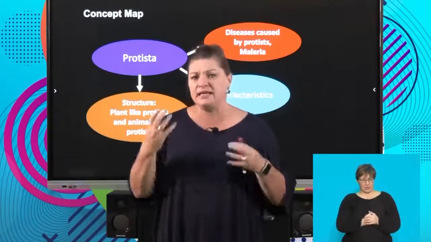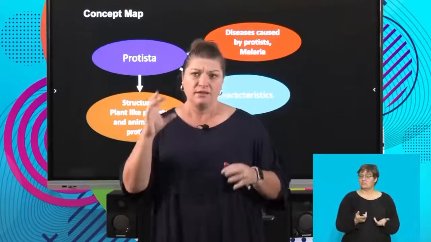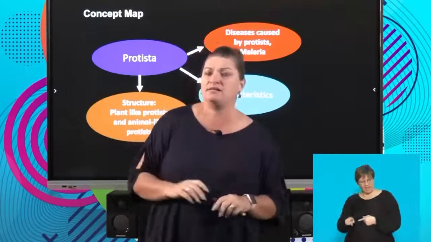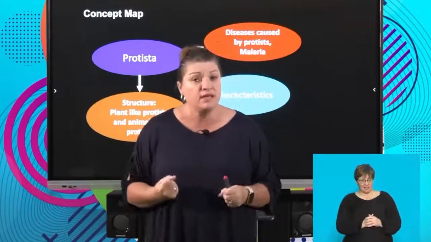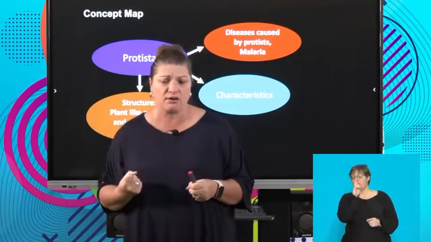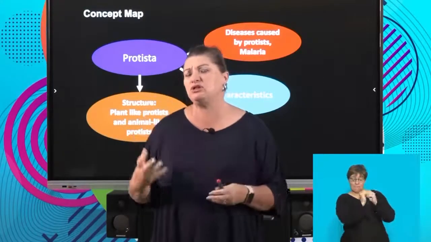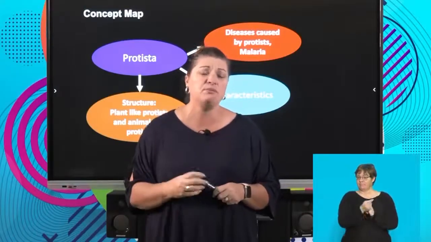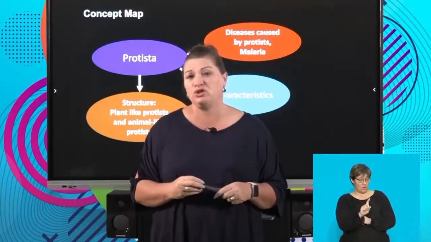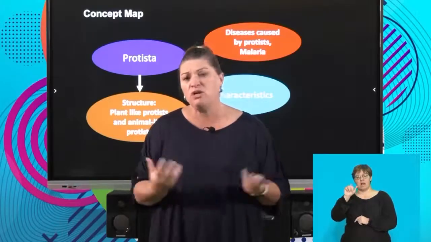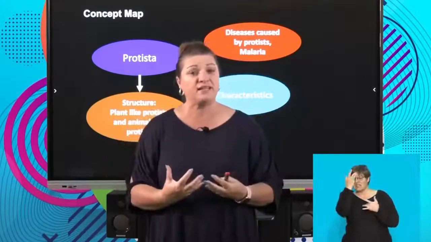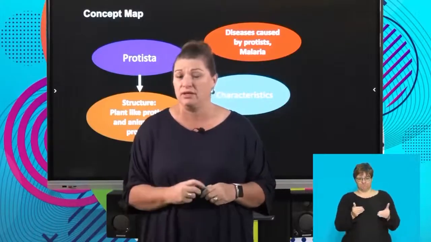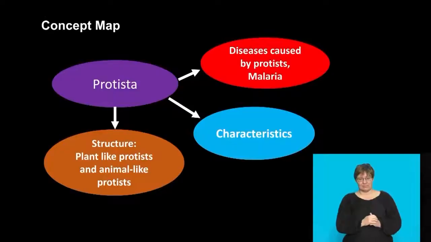As I said here, it's going to be quite diverse in that we're looking at some plant-like and then some animal-like. And then each time we study a microorganism, we need to look at a disease. The disease that we're going to look at when it comes to protists is malaria. And when we look at the disease, we look at the effect that it has and how we're going to be able to manage that disease.